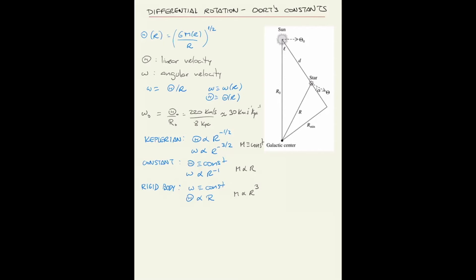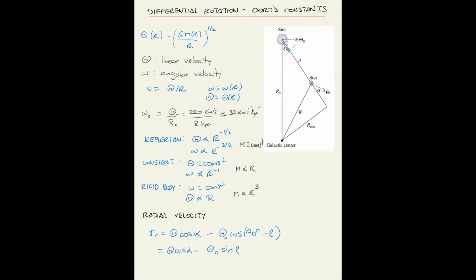The radial velocity is going to be the velocity projected along the line of sight. So the radial velocity, let's call it VR, is equal to capital Theta times the cosine of alpha, and removing from that the radial velocity of the sun itself along the line of sight, which would be Theta naught times the cosine of this angle here, which is 90 minus L. So that becomes capital Theta cosine alpha minus capital Theta naught sine L. Now, alpha is the angle between the star's velocity vector, which is this, and the line from the star to the sun.